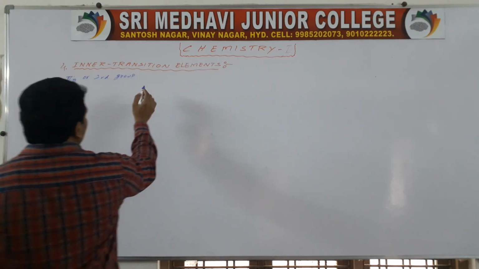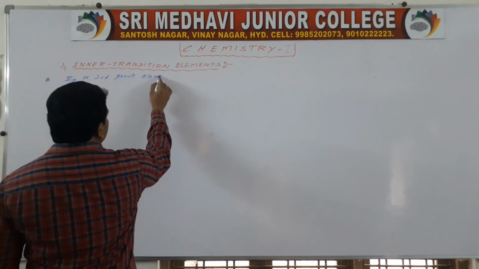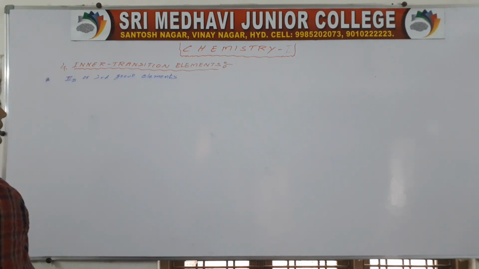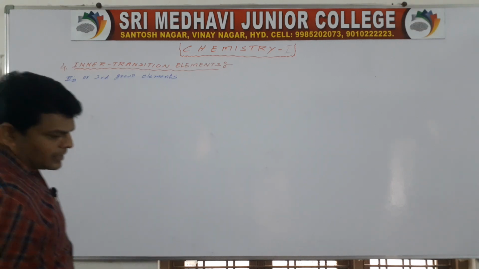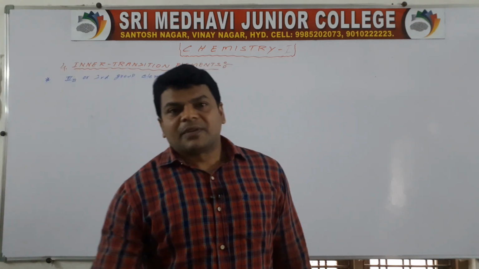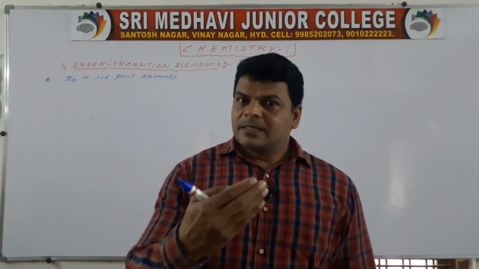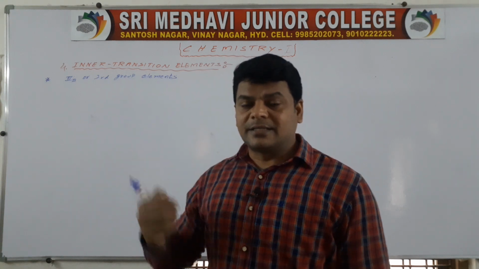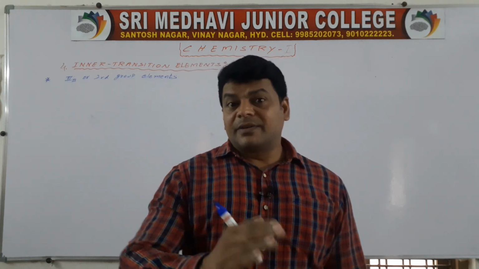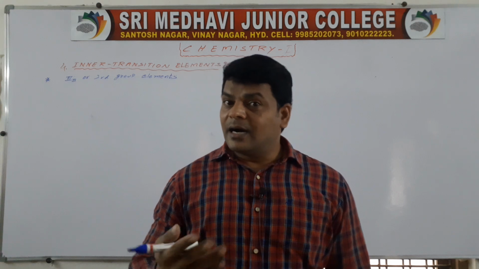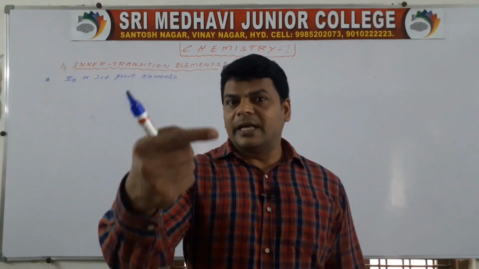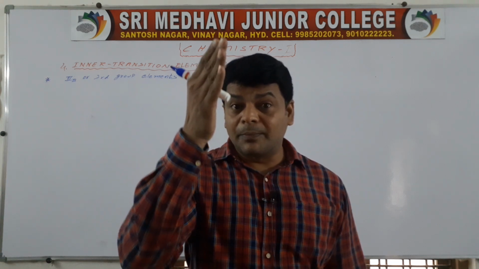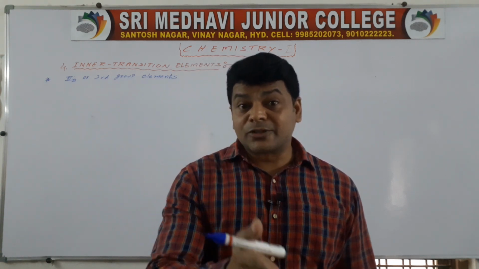Third B or third group elements are called inner transition elements. Why? Because in the sixth period, after lanthanum, 14 elements are called lanthanides. In the seventh period, after actinium, 14 elements are called actinides. So the 14 lanthanides and 14 actinides are present in third B only, which is the first group in the d block.